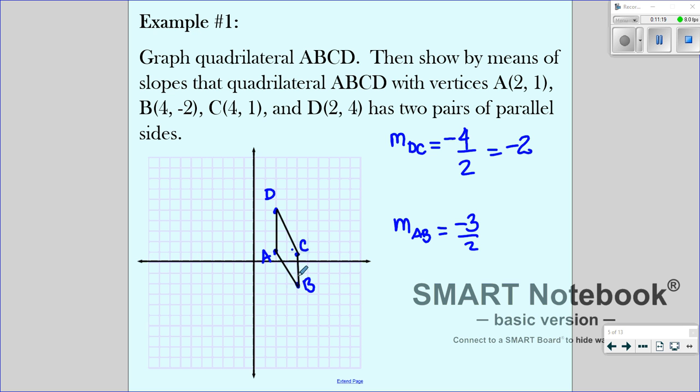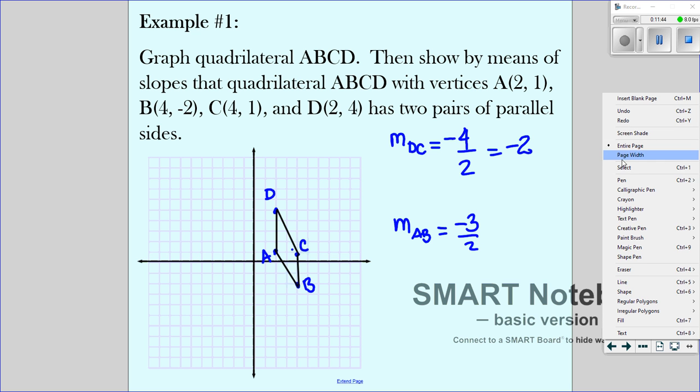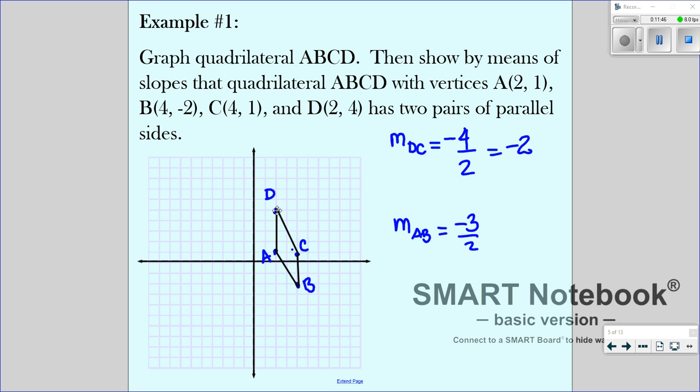I want to make sure that I plotted everything correctly. Yep, I made a mistake somewhere. I mean, the graph is tiny, so it's going to happen.